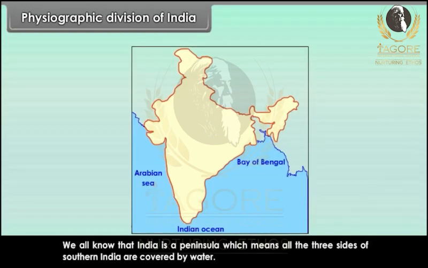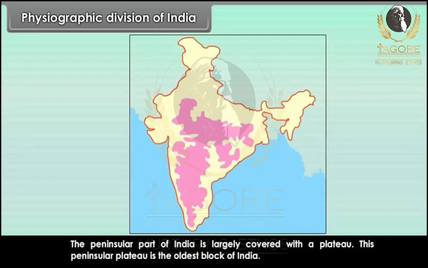We all know that India is a peninsula, which means all the three sides of southern India are covered by water. The peninsular part of India is largely covered with a plateau. This peninsular plateau is the oldest block of India.